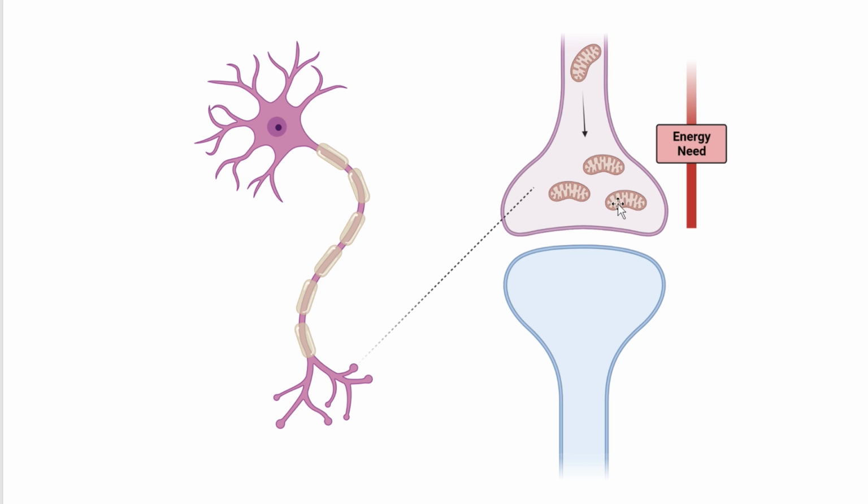The reason for that, as you can likely imagine, is because ATP production needs to be really high. Since the energy need is really high, you need a lot of mitochondrion packed in here to produce a lot of ATP. So that's another way that metabolism, or the need for energy, changes this.